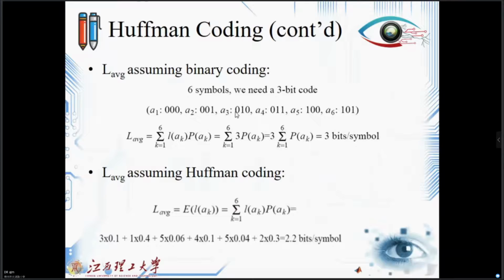Then, based on this formula of LAVG, the sum over K equal to 1 to 6, you should multiply the value that you calculated, which is 3, by each probability. It means that LAVG is 2.2 bits per symbol at the end. This is one parameter that should be calculated.